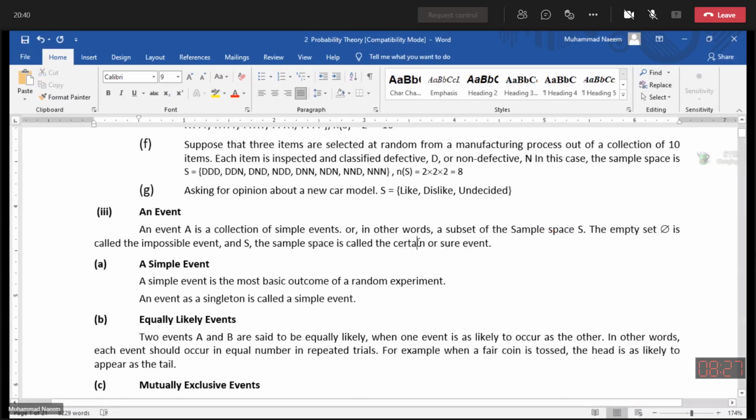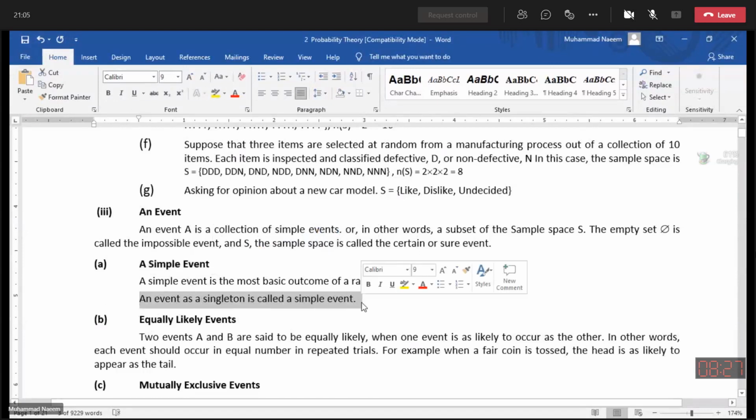So the probability of the happening or non-happening of this event is 100%. A singleton as a subset of the sample space is called a simple event.